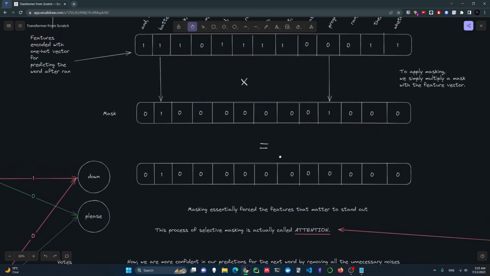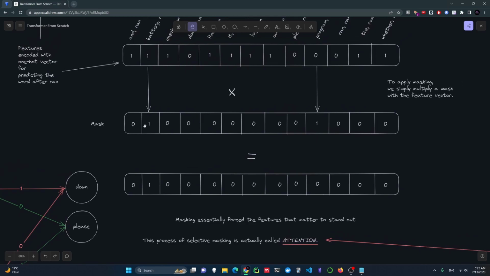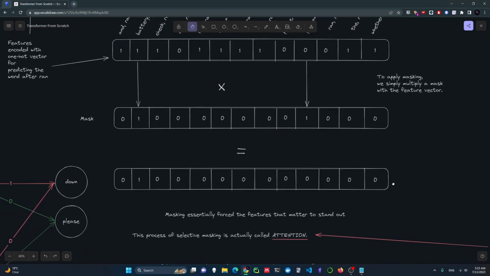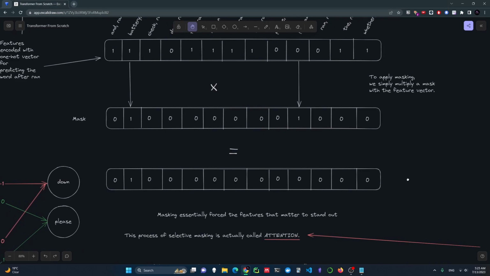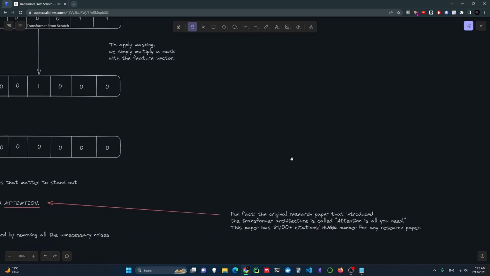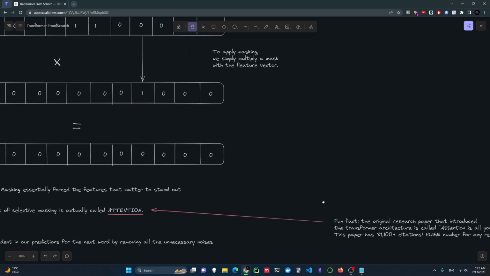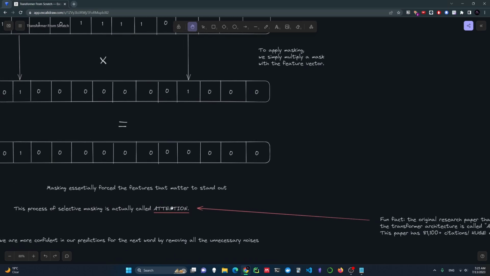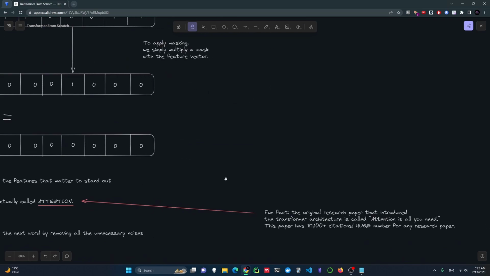And this process of selective masking is actually called attention. And this is actually really important in the transformer architecture. So a little fun fact for you, the original paper that introduced the transformer architecture is called Attention is All You Need, right? So just to stress how important the idea of attention is.